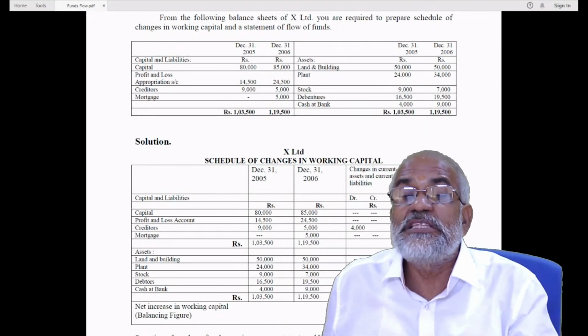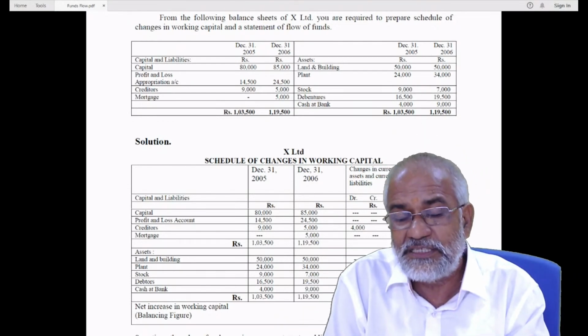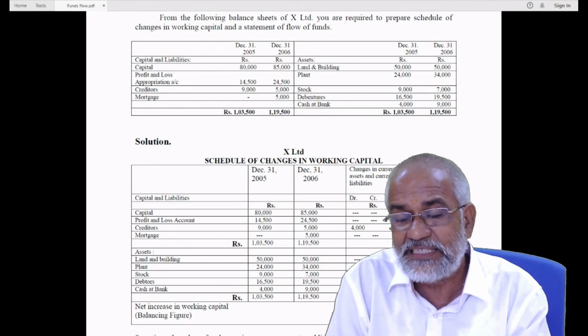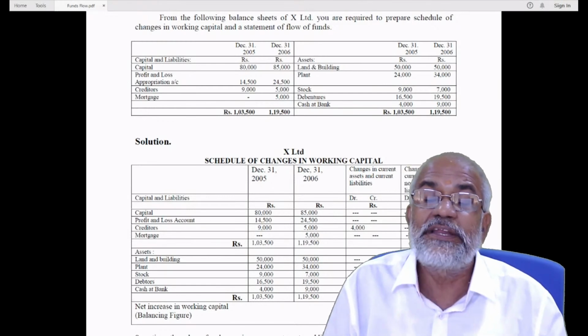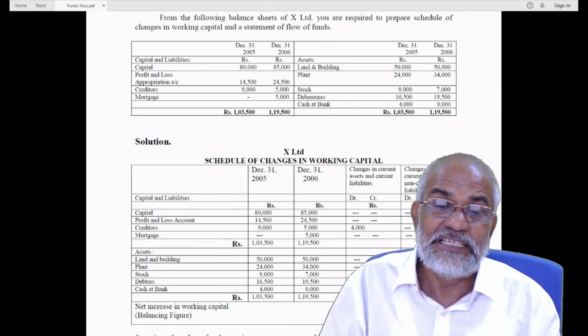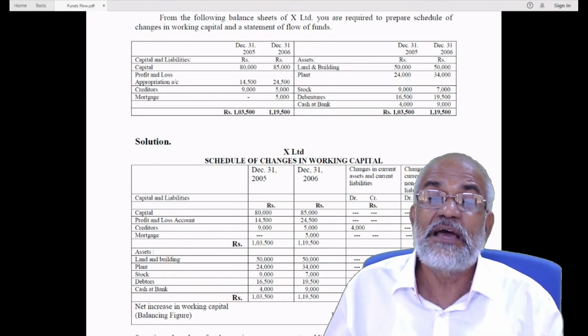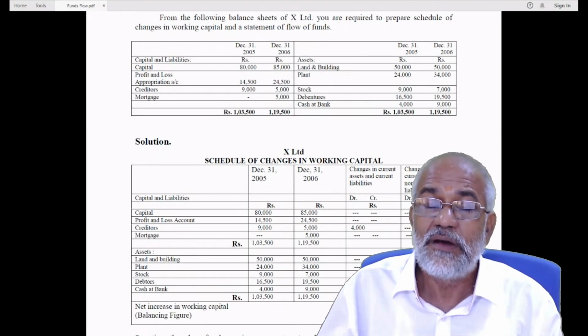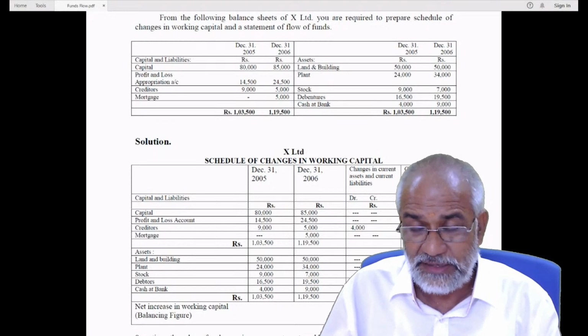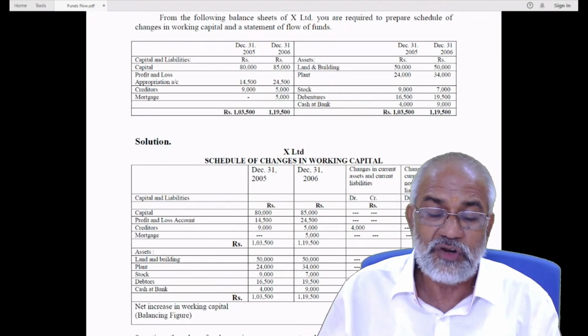There are two columns in the changes in non-current items, one is debit, another is credit. So it will definitely go to the credit column because it is a change in the liability, and that too an increase. So when a liability increases, it must have been credited. So it will come under the credit column of the non-current category.